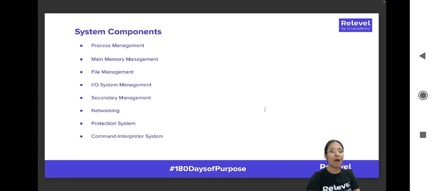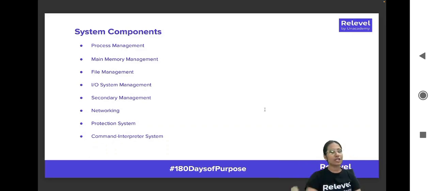Then we have the command interpreter system, which simply means you have a lot of commands related to the above management tasks, and a relevant system in place which can execute all the commands for the particular management task of the operating system.